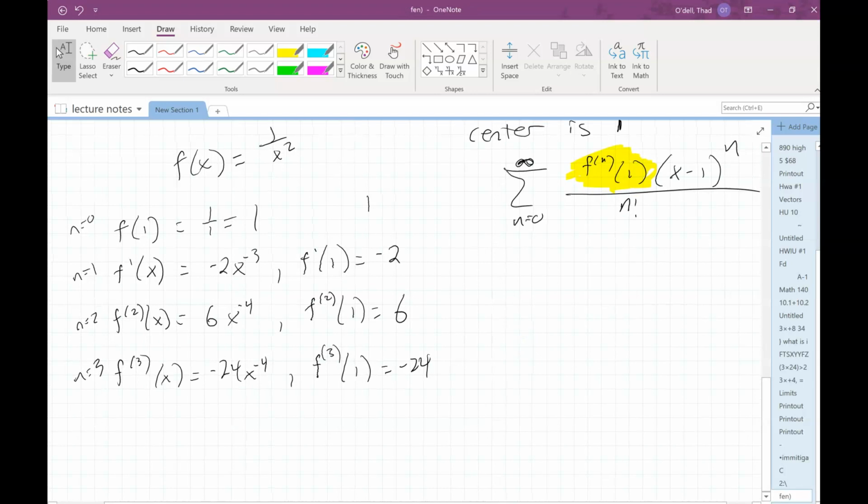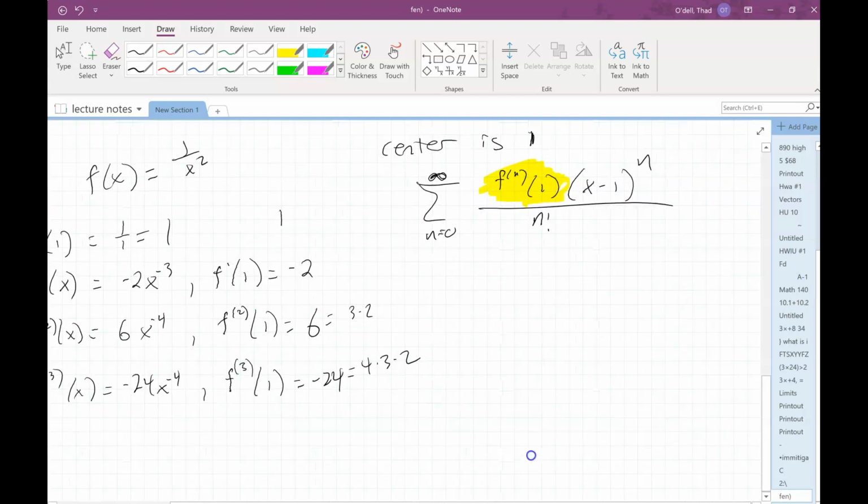So if we look at the 0, 1, 2, 3, it might be helpful to write this the way it was produced. This is 3 times 2. This is 4 times 3 times 2. And when you write it like that, you can see that it looks like there's a factorial going on here, doesn't it? But there's also an alternating thing going on.